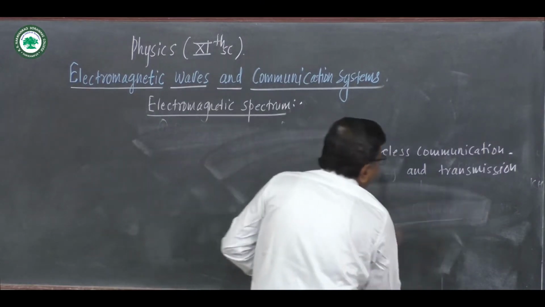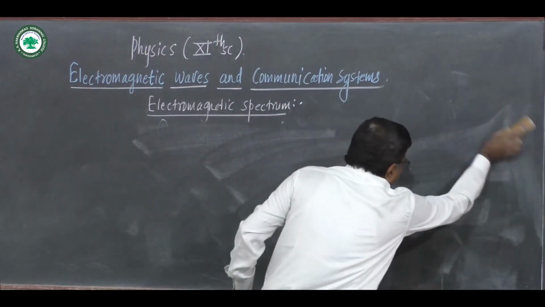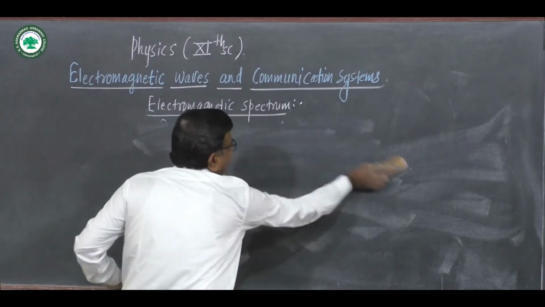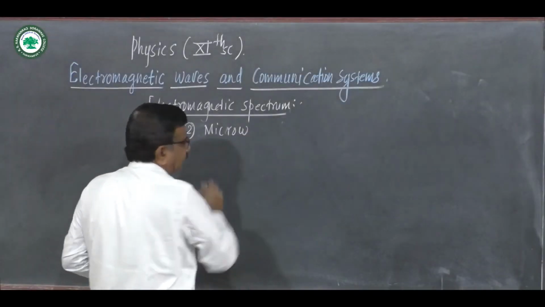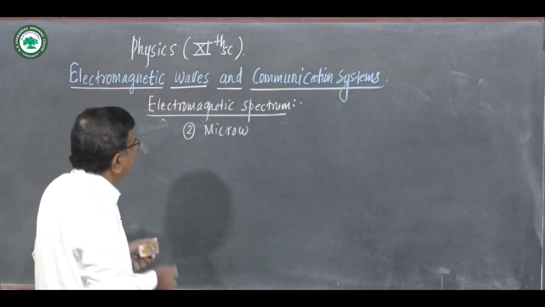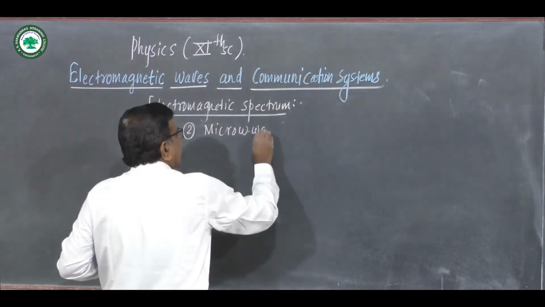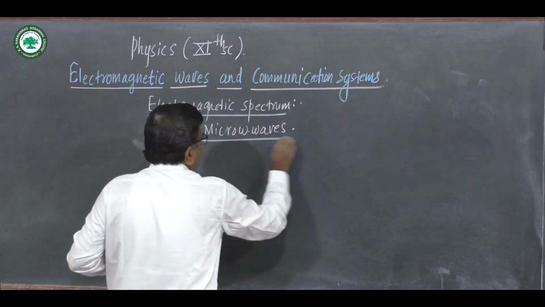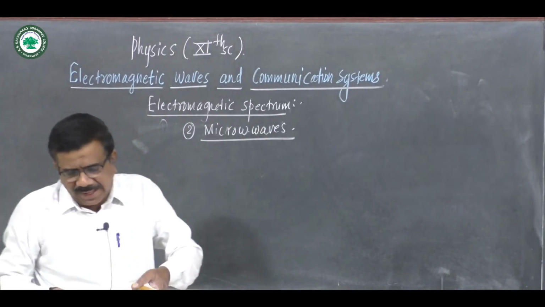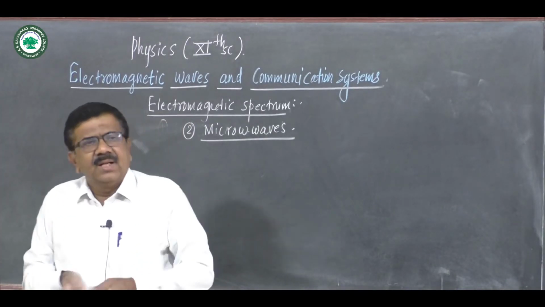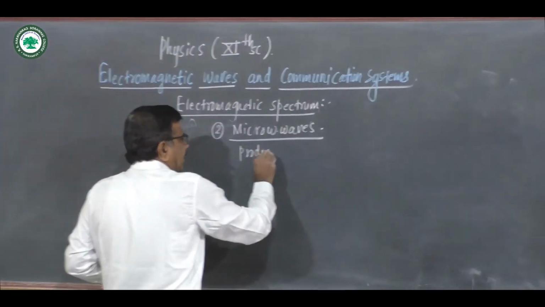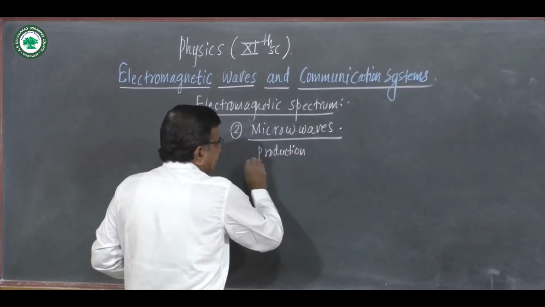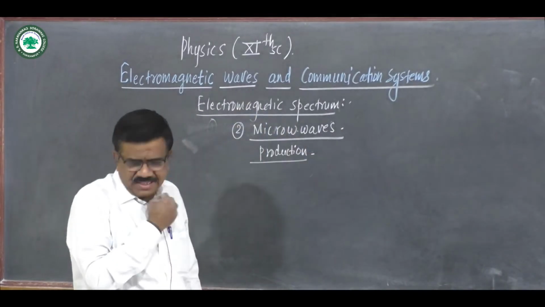This is also one part of the electromagnetic spectrum. Now we see how it is produced, its properties, and then its uses.